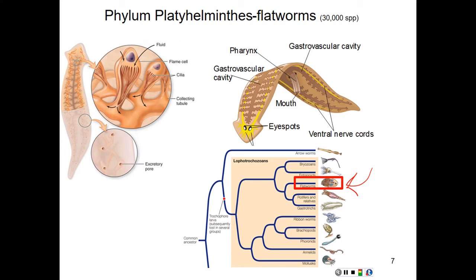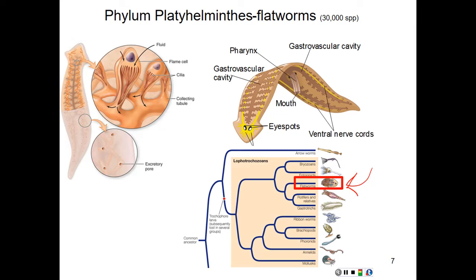These can be found in marine, freshwater, and damp terrestrial habitats. Some are parasitic, some are free-living, so I guess you could also say they can be found living in organisms. It's a big group with about 30,000 species.